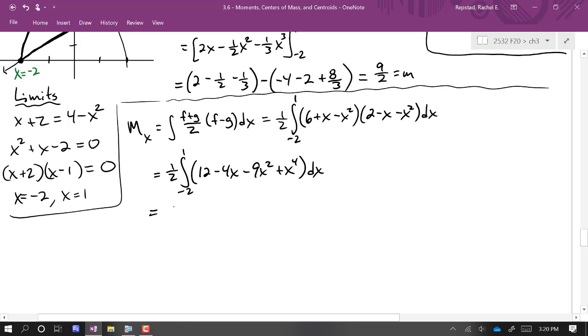And now it's a polynomial, so we can integrate. The integration itself is not hard. 12x minus 2x squared minus 3x cubed plus 1/5 x to the 5th from minus 2 to 1.